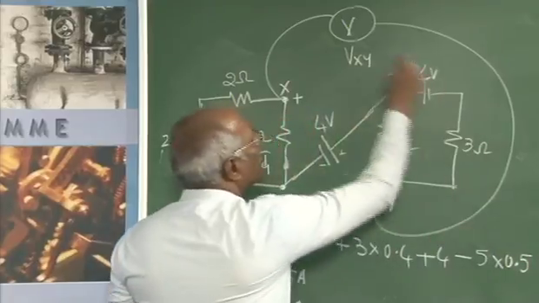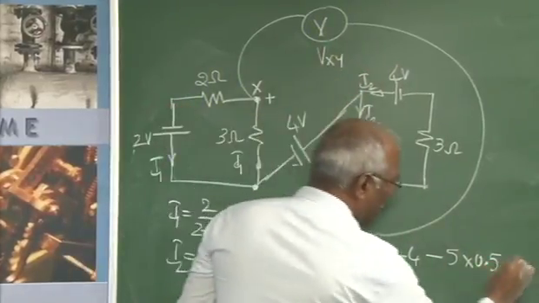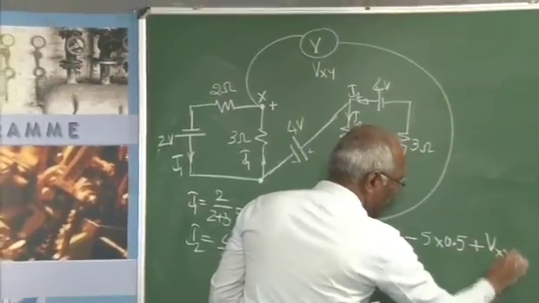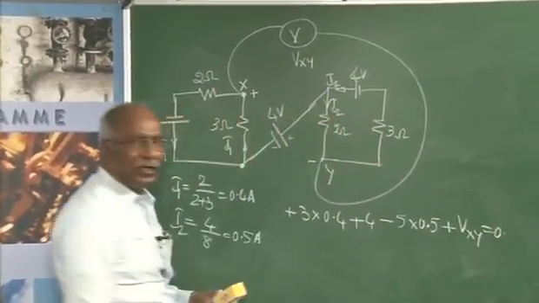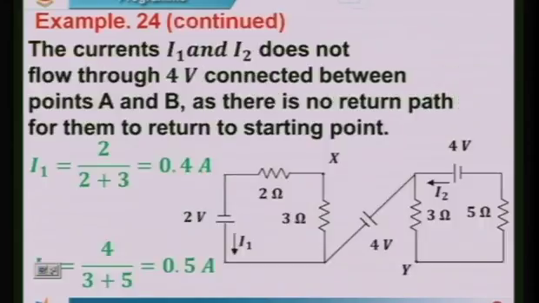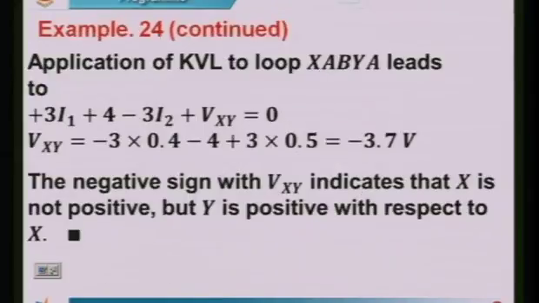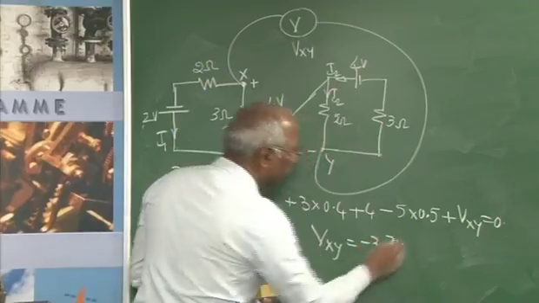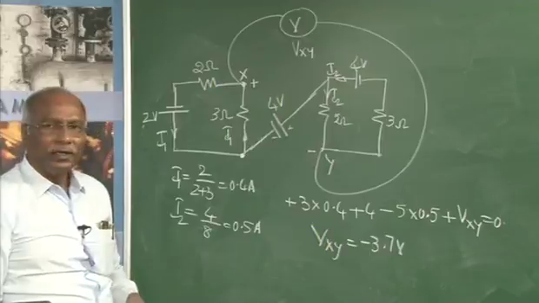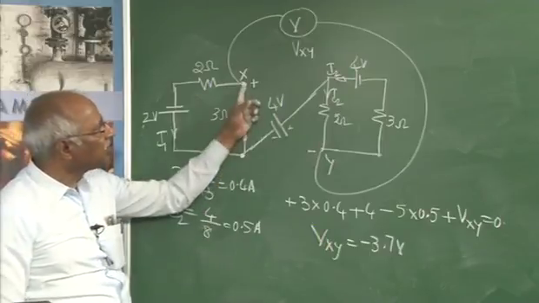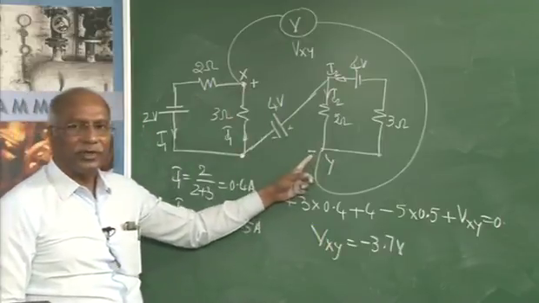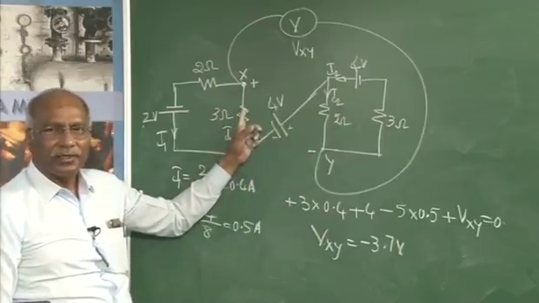And as I move this way, minus to plus, it is plus Vxy equal to 0. If you simplify this, Vxy works out to minus 3.7 volt, indicating that X is not positive with respect to Y, but Y is positive with respect to X.